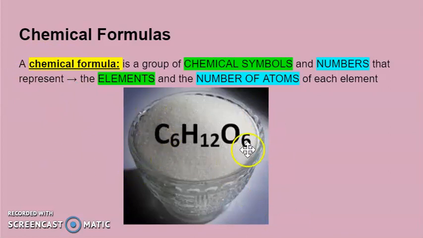So when you see something like C6H12O6 or H2O or NH4 or NH3, or CO2, any type of chemical formula, you know that the chemical symbol is going to be the element. And we see it on the periodic table when we see carbon, hydrogen, or oxygen. And the number that follows it is going to be the number of atoms of that element.